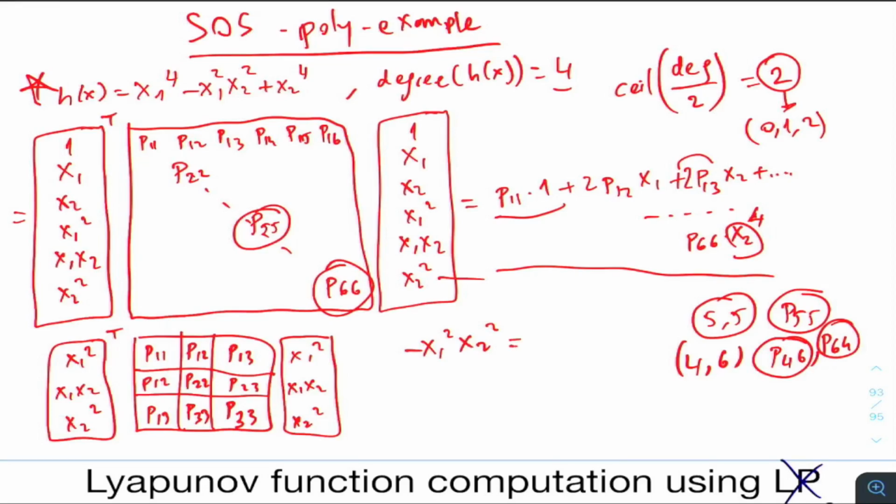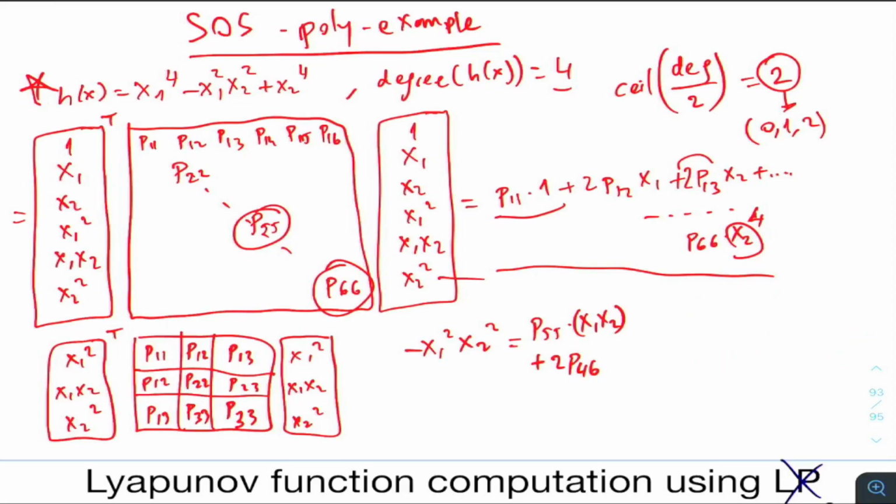I'm going to explicitly write that: e55 times x1 x2 squared, plus, we're not done, plus 2p46, and I'm going to write this with more information, x1 squared times x2 squared.